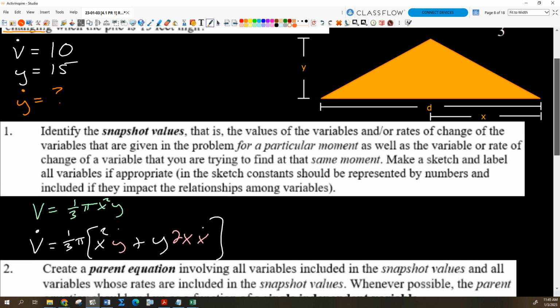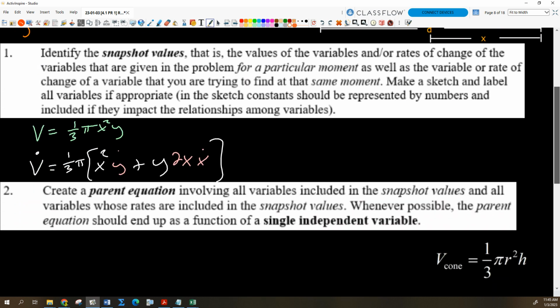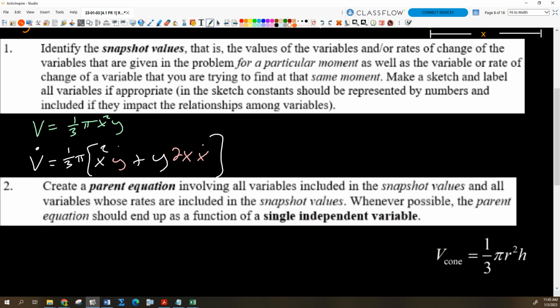I know y. That's all I know is v dot and y. So I know that term and that factor, and that's it. I would have to go back and find the values of x and x dot to be able to solve for y dot, right?